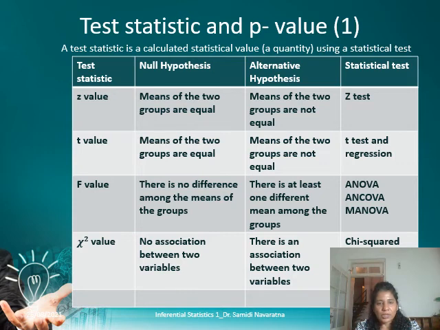So, you are not supposed to learn the F value much as an undergraduate, but I have put it for completeness' sake. The chi value is for categorical data, and Z and T values are used for means, to see the difference between two means. So F value is for more than two means.